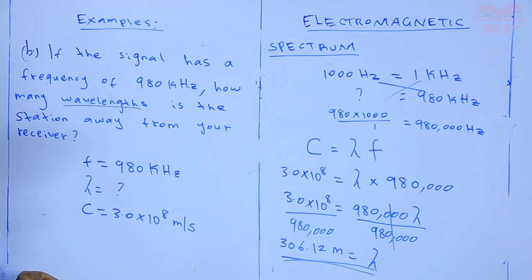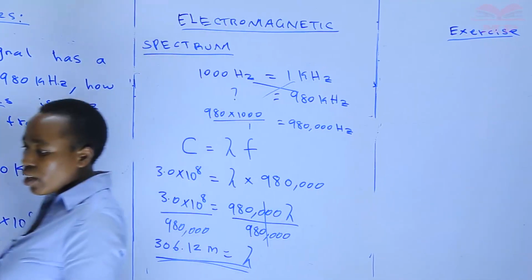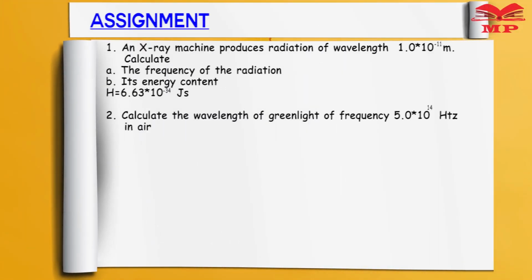I'd like to give you one question that you can try to work out. So you are given the following, an exercise for you here. You are told that an X-ray machine produces radiation of wavelength 1.0 times 10 power negative 11 meters.